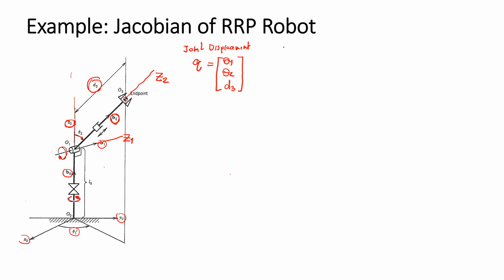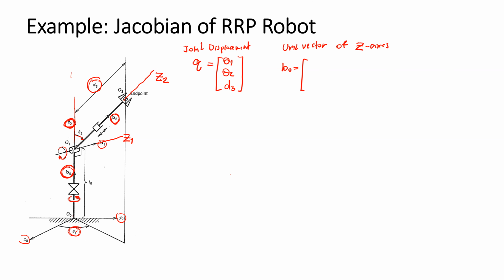What should be the unit vector that indicates the z-axis? Look at b0. No matter what the angle theta 1 is, the unit vector that indicates the z0 axis never changes with theta.